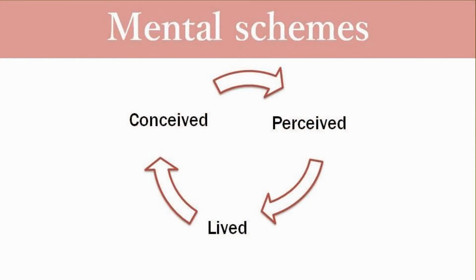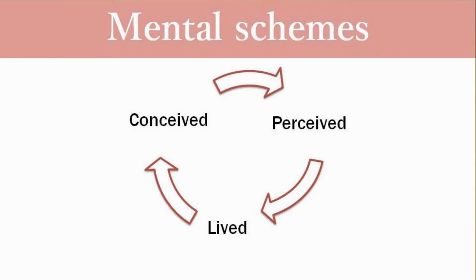So all of these things are social resources. For example, mental schemes. We can consider reality as part of what is lived, so doing things practically, but in order to do things we need to know things, and this belongs to what we consider perceived reality.